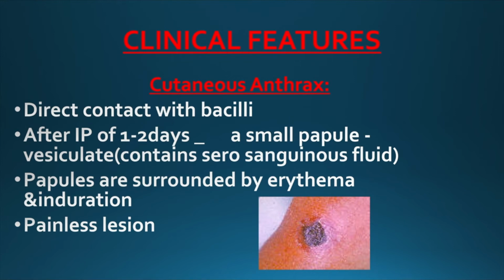First one is cutaneous anthrax. Direct contact with bacilli. After incubation period of 1 to 2 days, a small papule appears in the body. Then it will become vesicular that contains serosanguinous fluid. Papules are surrounded by erythema and induration. It is a painless lesion.